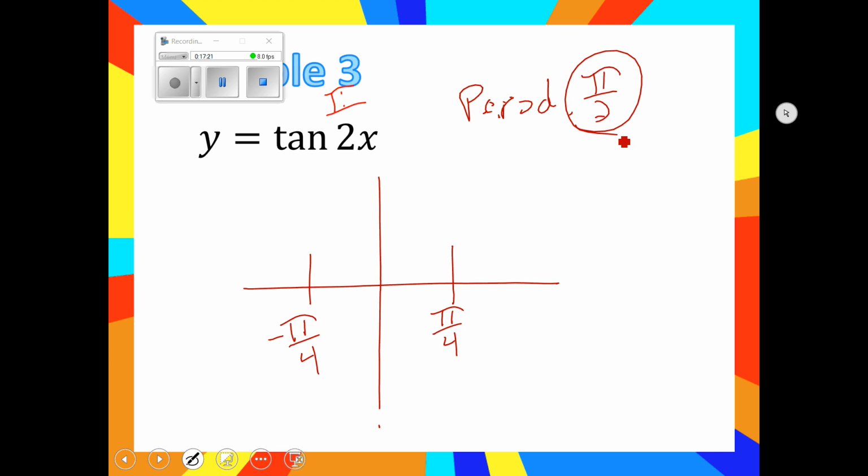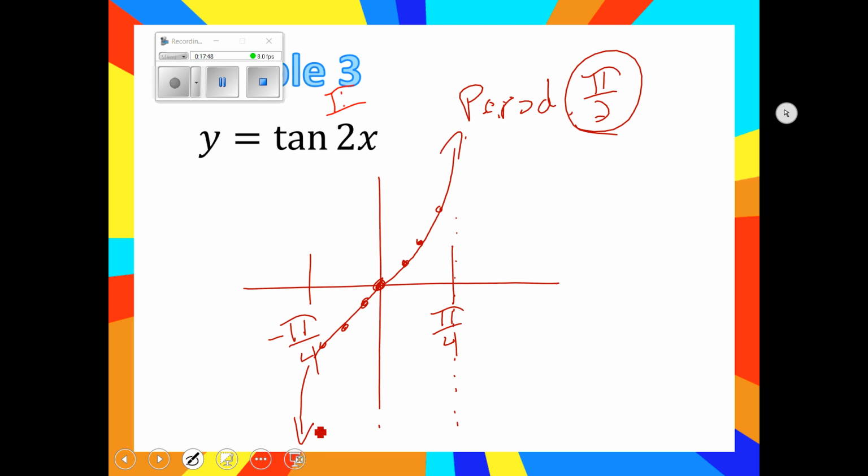Okay, so now we're not shifting it anywhere else. Am I stretching it further? No. So you can sketch this. It's still going to look the same, except now like that.